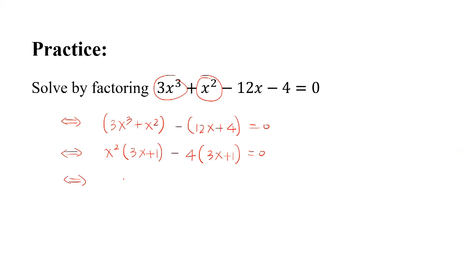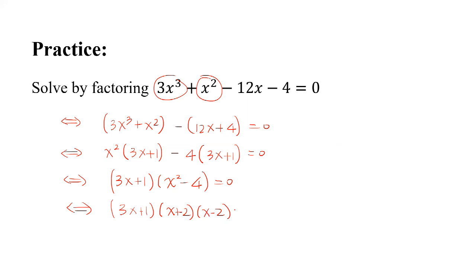And this is equivalent to, and now 3x plus 1 is a common factor, right? We can put it in front, and (x squared minus 4) equals 0. And note that x squared minus 4 is also factorable to (x plus 2)(x minus 2) equals 0, right?